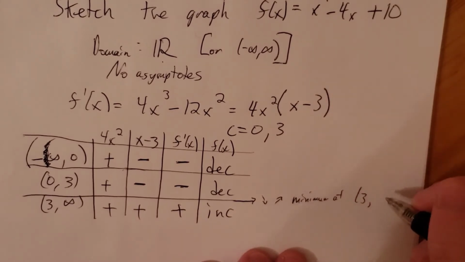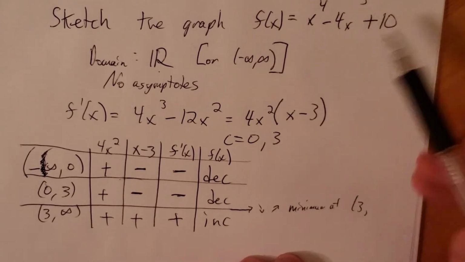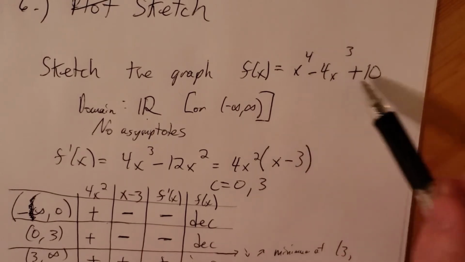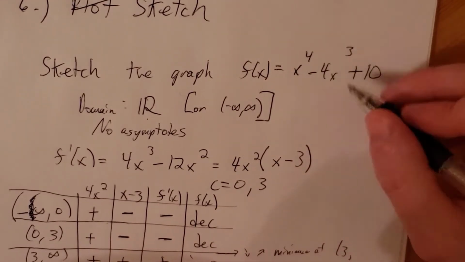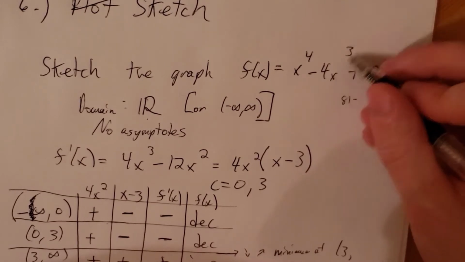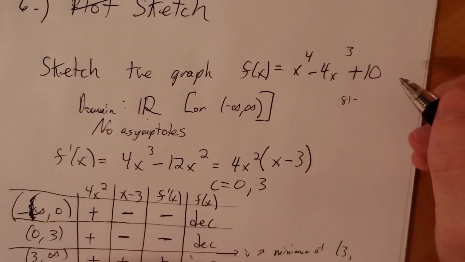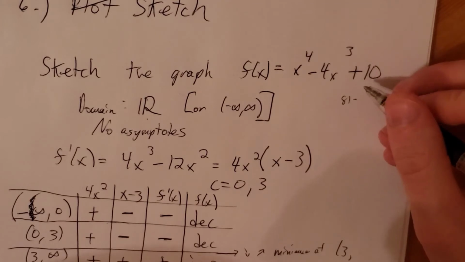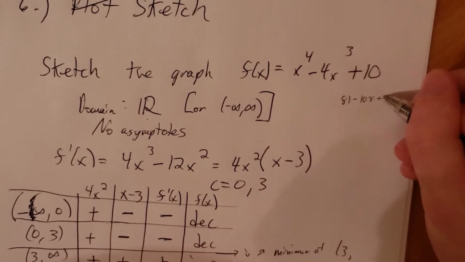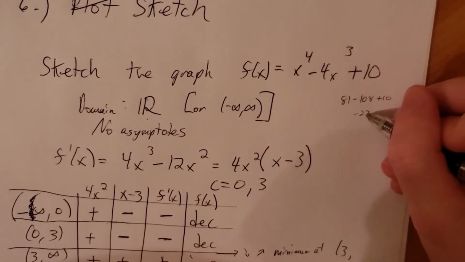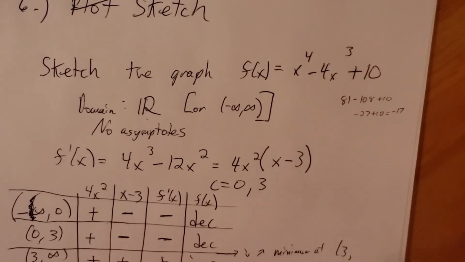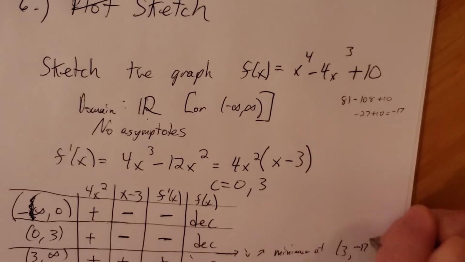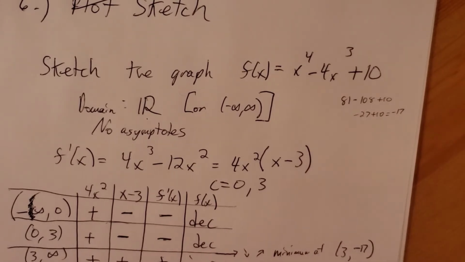And to find the value there, we plug 3 into the original function. So 3 to the 4th is 81 minus 27 times 4 is 108, plus 10, so we get -27 plus 10 is -17. So (3, -17) is a local minimum.